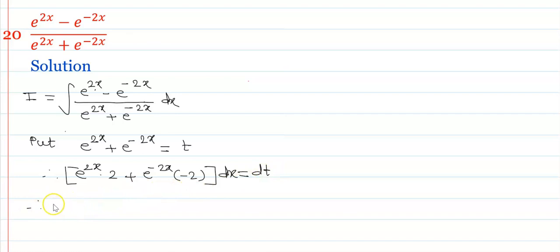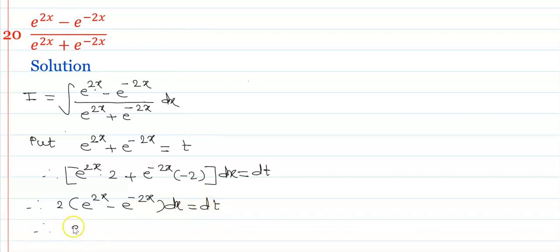Hence we can take 2 as common: 2 times the bracket e raised to 2x minus e raised to minus 2x, bracket complete, into dx equals dt.